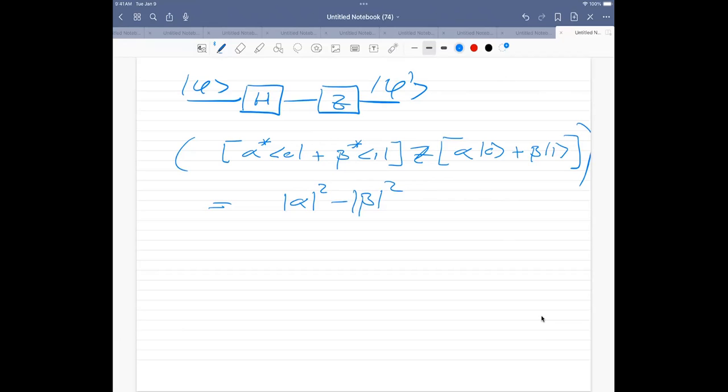Now, experimentally, you would simply run this many, many times as measurements. A measurement means that the final state collapses to one of the computational basis states.